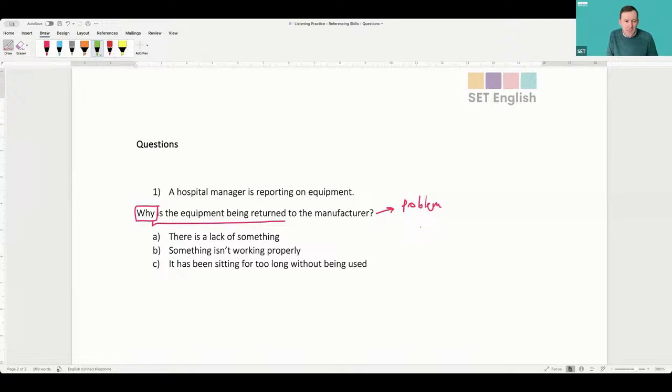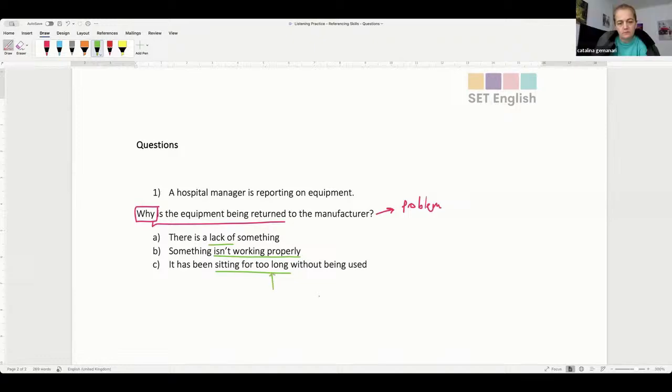So for A, B, and C, what do you think are the key words for me to say, they've just mentioned that? I think for A it's a lack of. For B, isn't working properly. And C, sitting for too long. That one's going to be super easy, isn't it?